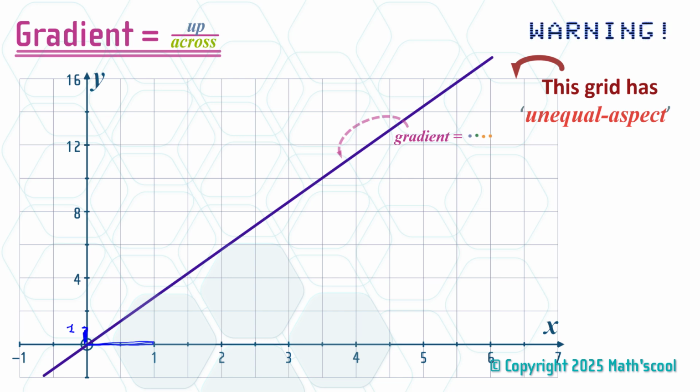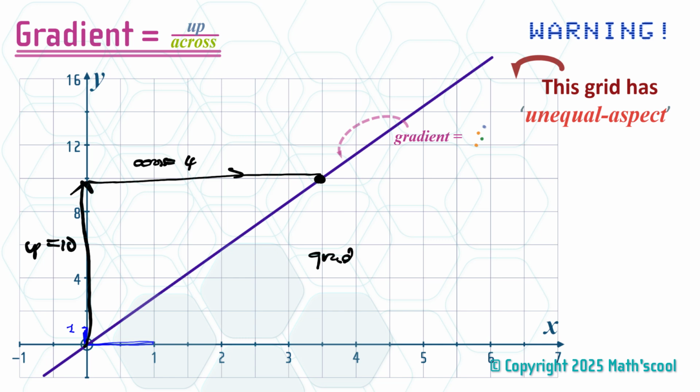Anyway, it doesn't matter. We can still find the gradient in the normal way. I'm just going to pick some nice integer coordinates. So that's not an integer. There's my integer coordinates. From here to here, how much do I have to go up? Up is 10. And then how much do I have to go across? Across on this grid would be 4.